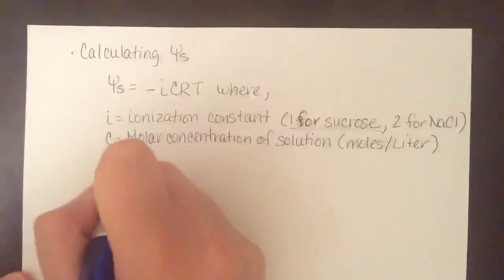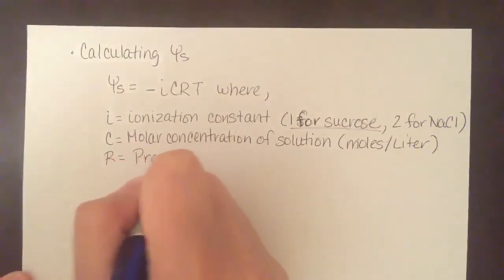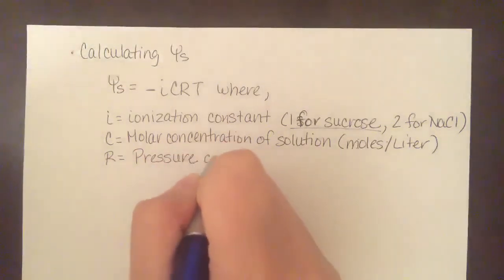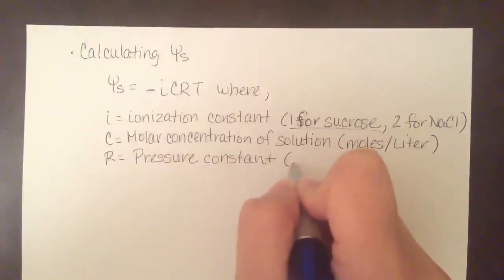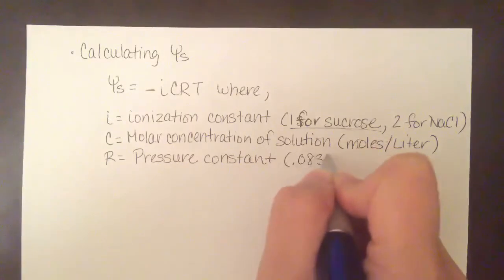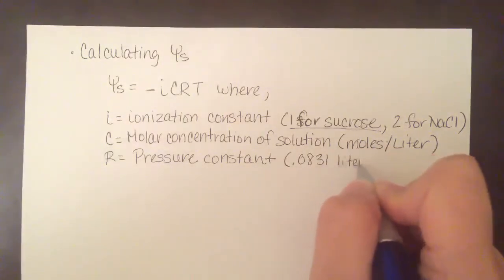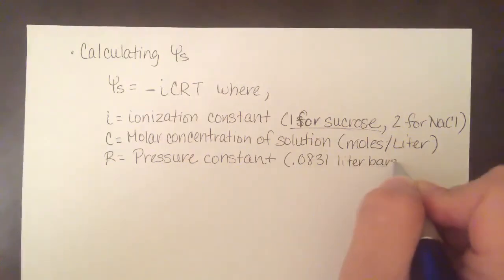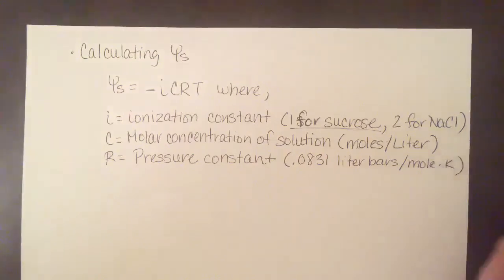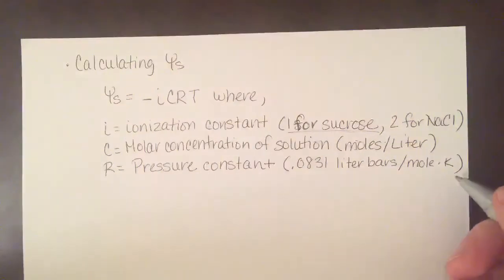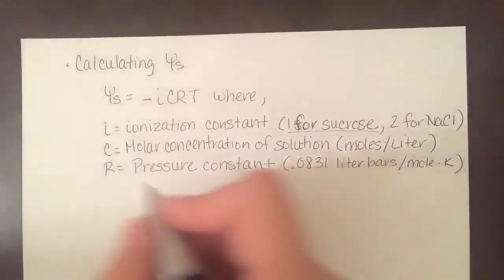R is a pressure constant, and this is the value 0.0831, and these are the units: liter bars per mole Kelvin. Kelvin is a way to measure temperature, like Celsius.